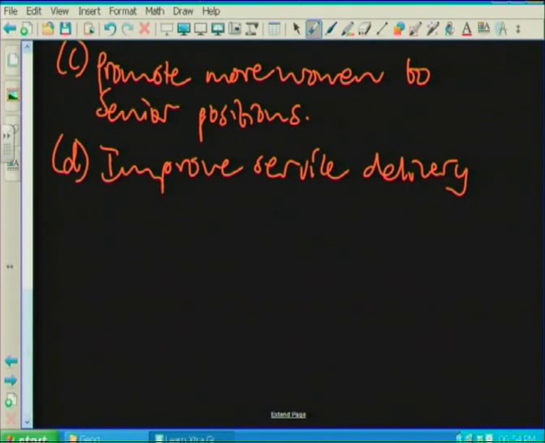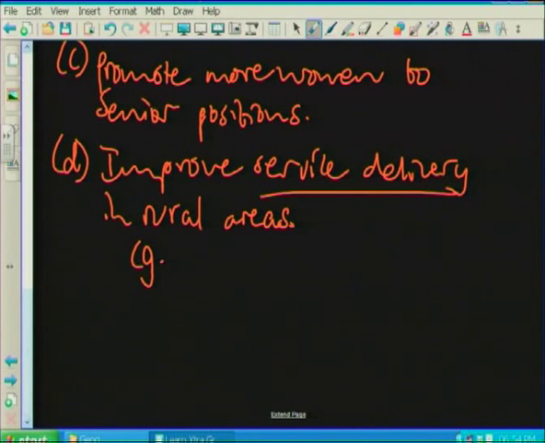Refuse, water, sanitation, all of those things are not problematic. In rural areas, we've got the bucket system, we've got all those problems with sanitation, toilets and running water. So improved service delivery in rural areas can be your argument there. And you must also obviously give examples, so you will mention things like sanitation, running water, sewerage in your answer.